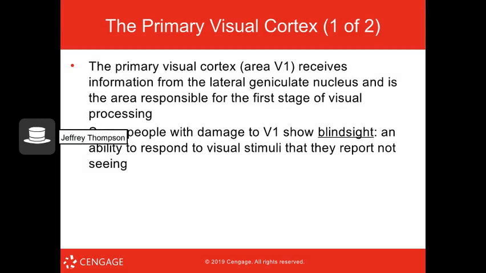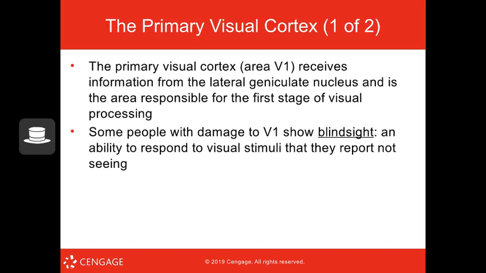When it comes to the primary visual cortex, area V1 receives information from the lateral geniculate nucleus and is responsible for the first stage of visual processing. If you are damaged in your V1, you might experience what's called blindsight, where you're able to respond to visual stimuli that you don't report seeing.